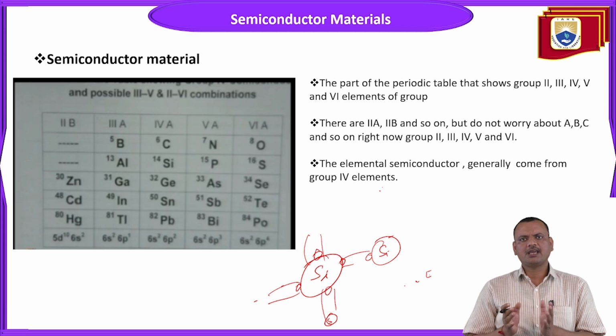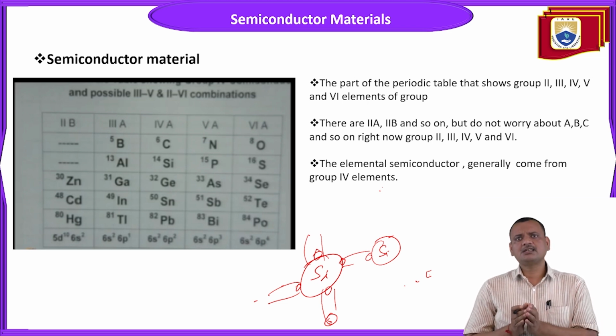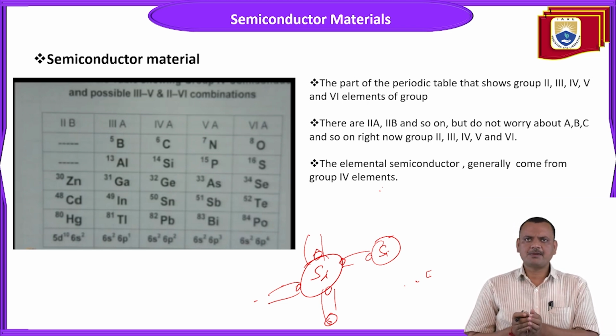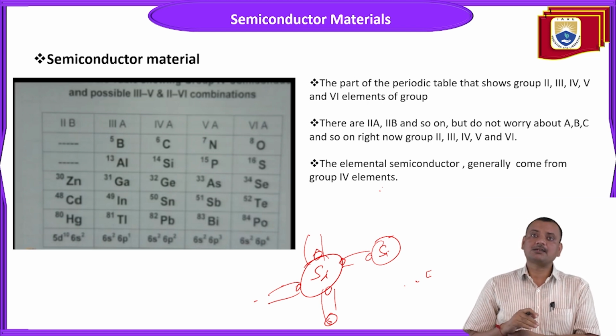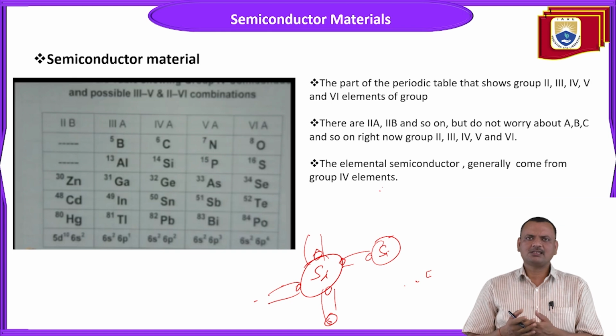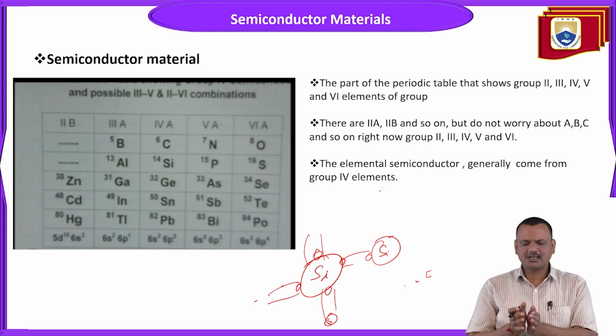So 5 plus 3 is 8, the octet is complete, and stability will be achieved. Stability is also an important parameter for any compound for stable device application. We will discuss all these things, how we can get stable, good semiconductors for optoelectronic application.